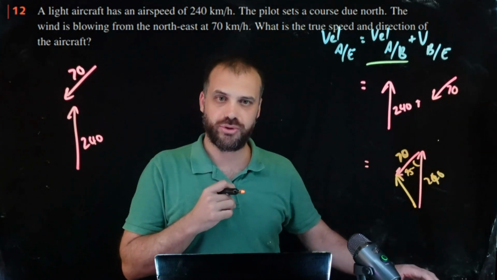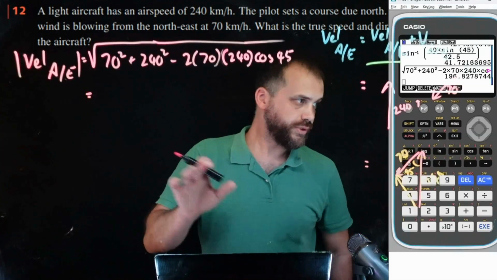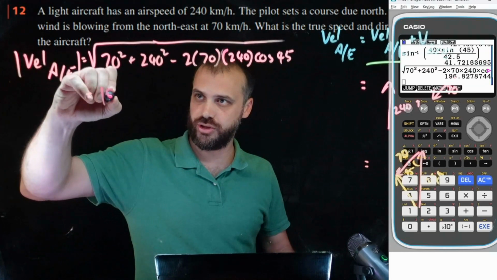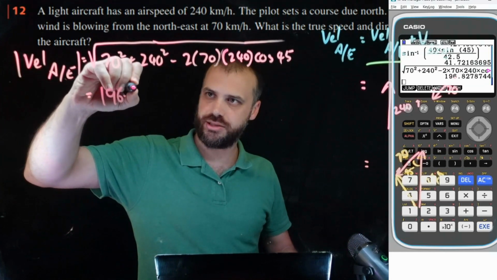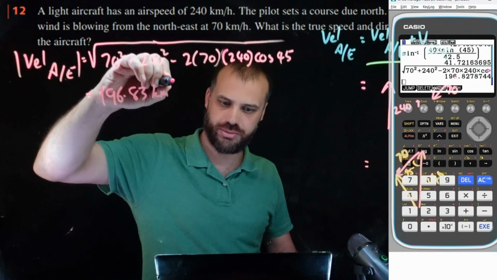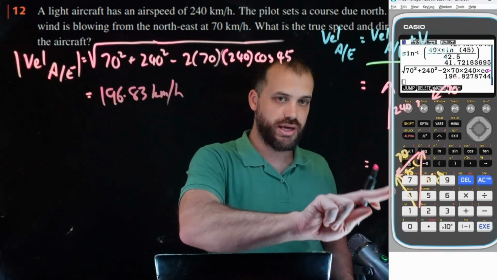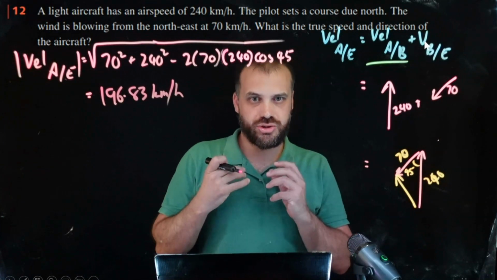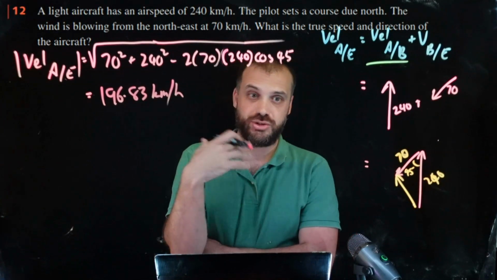Okay, getting a little bit annoyed with the cosine rule, but let's do it. So there is my cosine rule, and my answer is 196.83 kilometers per hour. That's the magnitude, but I don't know the direction, so I need to use the sine rule.